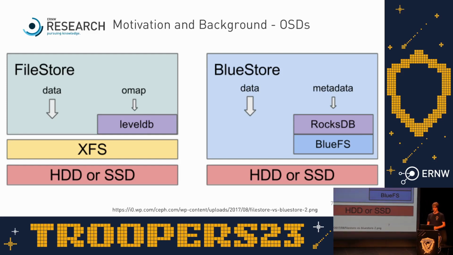And for metadata tracking and storage, they used a key value store implemented as a LevelDB, like a database, and they experienced some performance issues with that, because how they managed the data and how XFS managed the data led to bottlenecks in the performance, with the journal of XFS, for example.